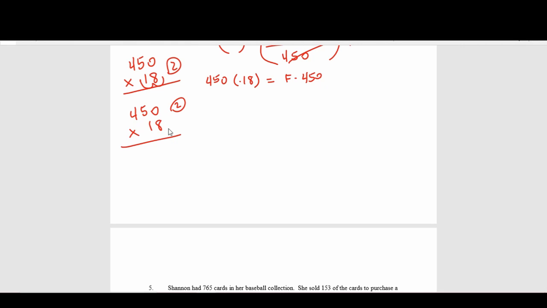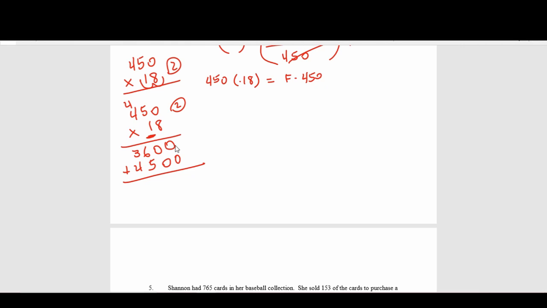Okay, so we have 0 times 8, that's 0. 5 times 8 is 40, carry the 4. 4 times 8 is 32, plus 4 is 36. Add a 0 since we're starting this number. 1 times 0 is 0, 1 times 5 is 5, 1 times 4 is 4.